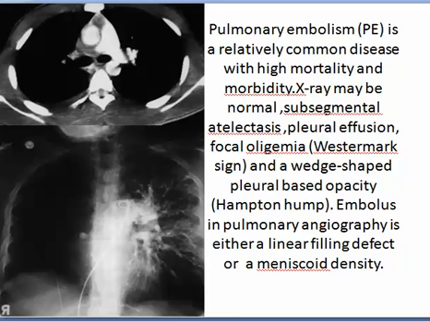Here we have pulmonary embolism, a relatively common disease with high mortality and morbidity. X-ray may be normal. We find subsegmental atelectasis, pleural reaction, focal oligemia, which is called the Westermarck sign, and a wedge-shaped pleural-based opacity, the Hampton hump.